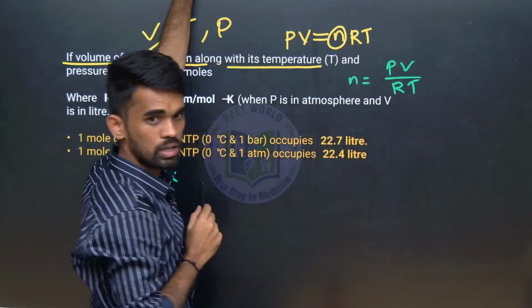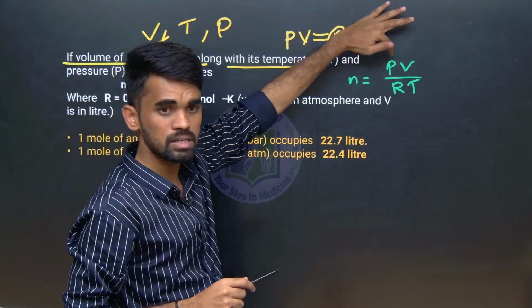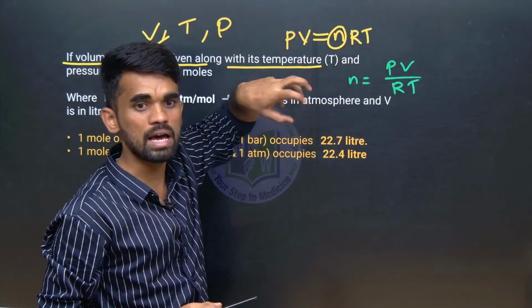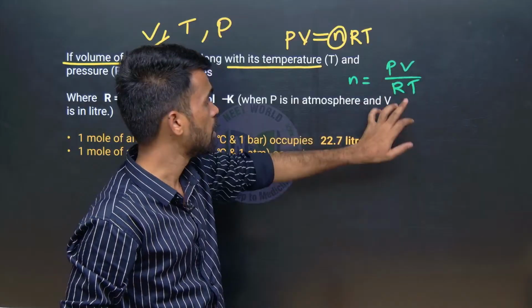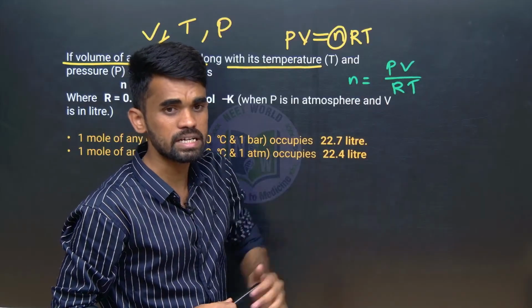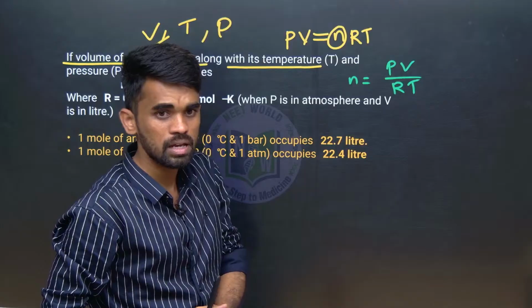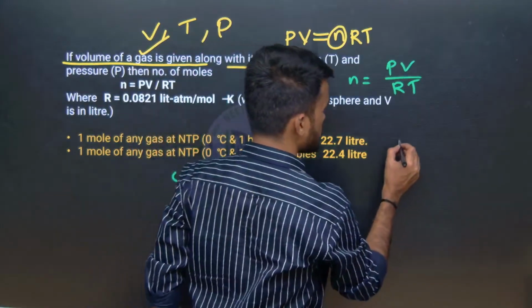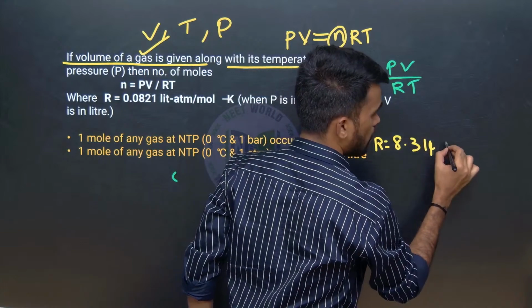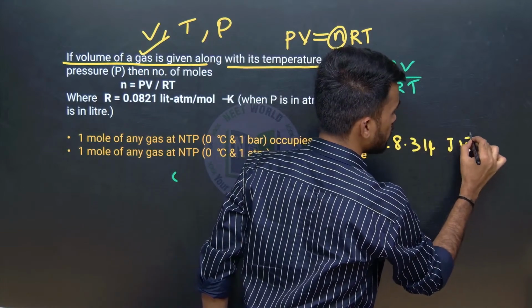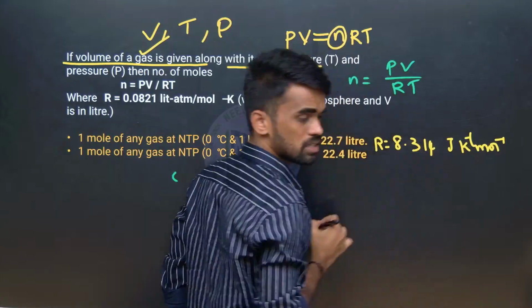I want n only. So here P means pressure, they may give some value, you can put it here. Volume also they mention, you can write here. R means universal gas constant, it has different values. In joules we write R equals 8.314 joule per Kelvin per mole.